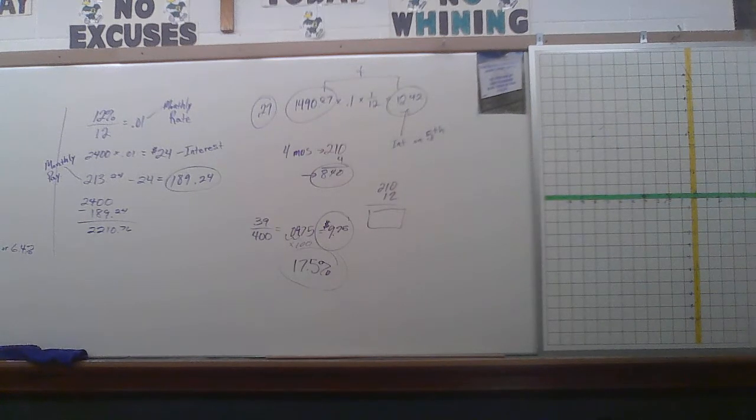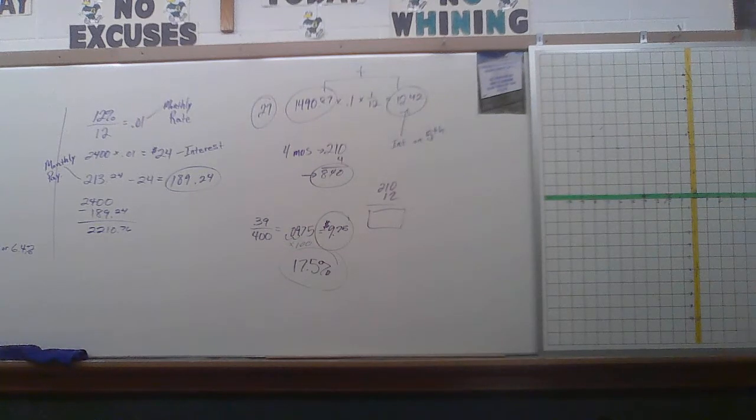Because this right here is what I have left over. They're not asking me what I've already paid. They're asking me what is my final payment. So my final payment combines the interest with what my balance is left over. We haven't gotten that far yet, essentially, to your question. Okay?